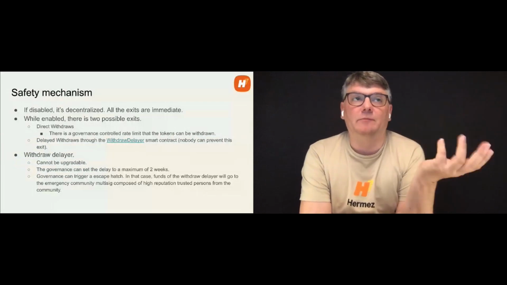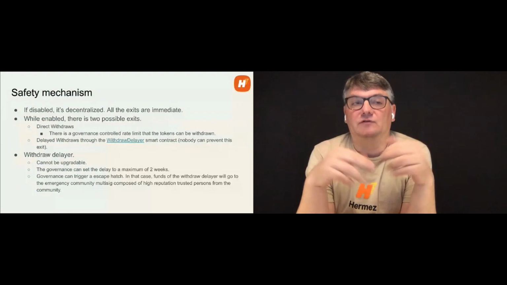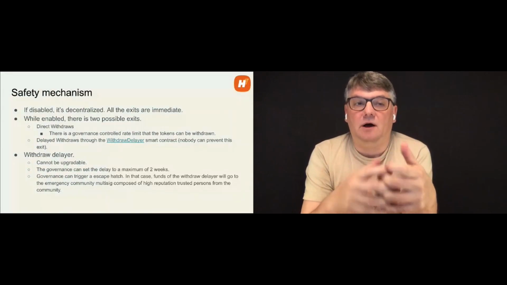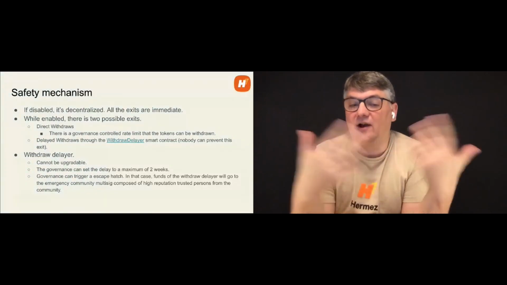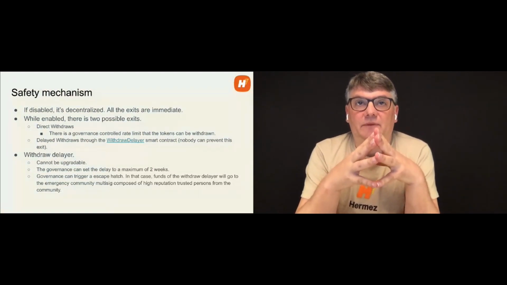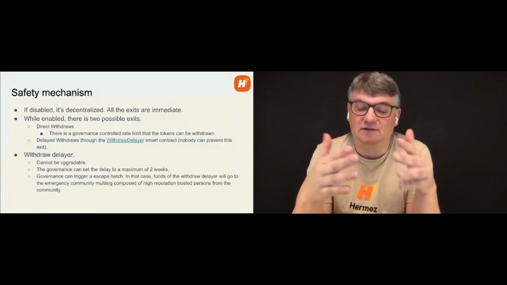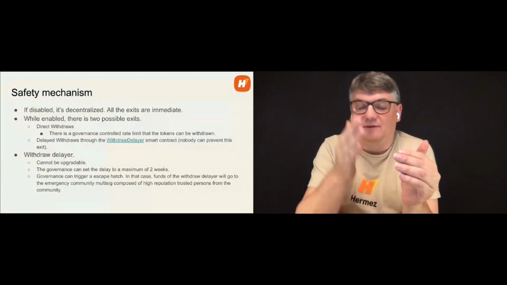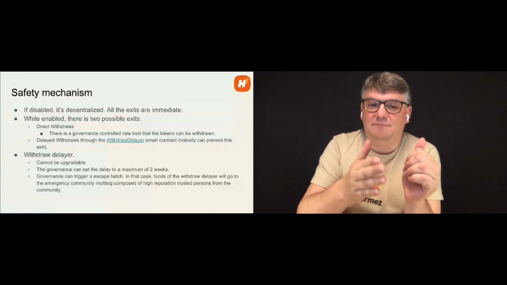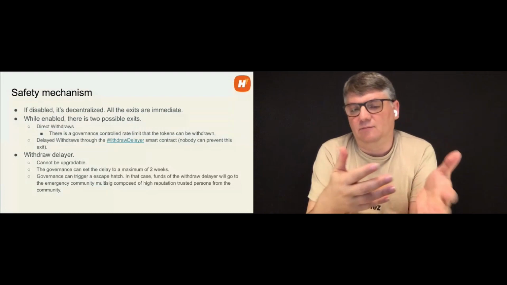Okay, but what will it be in the beginning? Well, at the beginning, there are going to be two kinds of withdrawals: a direct withdrawal and a delayed withdrawal. The direct withdrawal is going to have some rate limit. So it's not going to be possible to directly withdraw, maybe, I don't know, just 1 million tokens of each token per second. Actually, it's more complex than that.